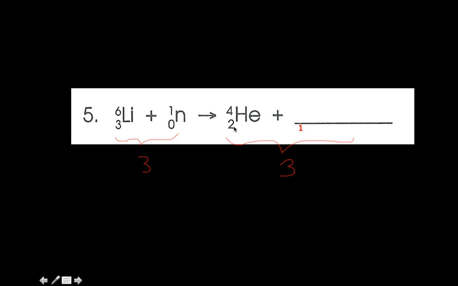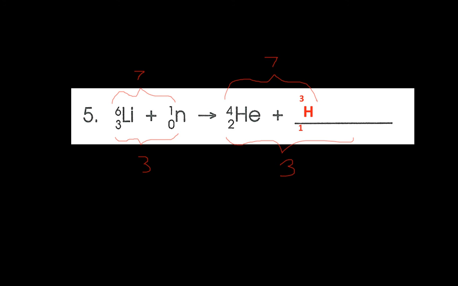Once we know it's 1, we can put in H. Hydrogen lives at spot 1. We do the same thing for the top. 6 plus 1 is 7. So over here, the top numbers have to total 7. We need 4 plus something equals 7, or 7 minus 4 equals 3. So we actually made tritium in this case.